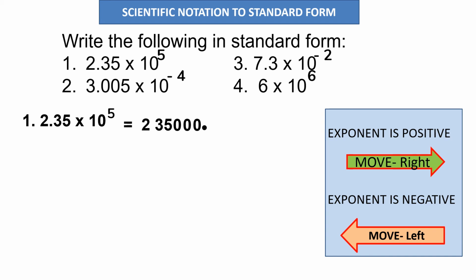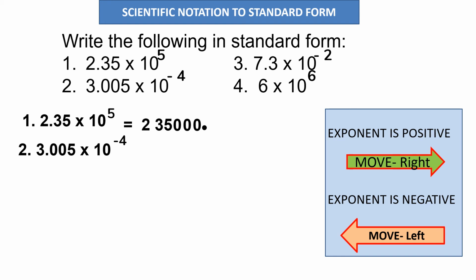This time, let us have example number 2. 3.005 times 10 raised to negative 4. In this case, the exponent is negative, so we need to move to the left.